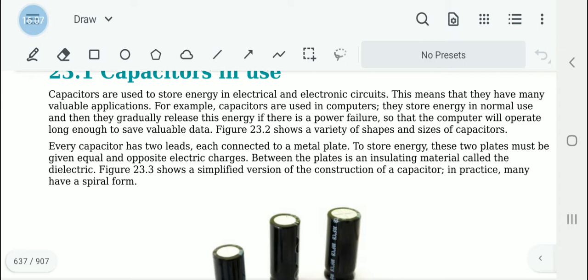They have many functions, especially providing enough energy to an important part of a circuit to function for some time during a power failure.